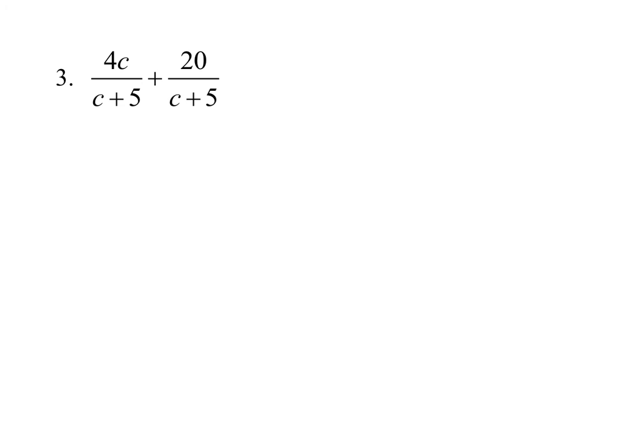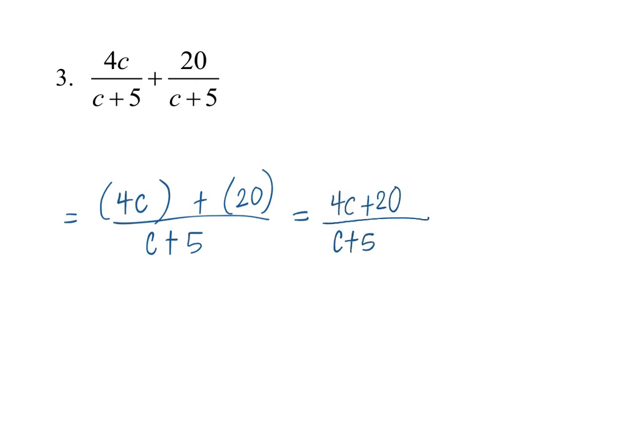Number 3, super similar to the last two, except this is addition this time. They do have the same denominator, so that's what we're going to make it be. And the numerators do not change at all because they already had that same denominator of c plus 5.